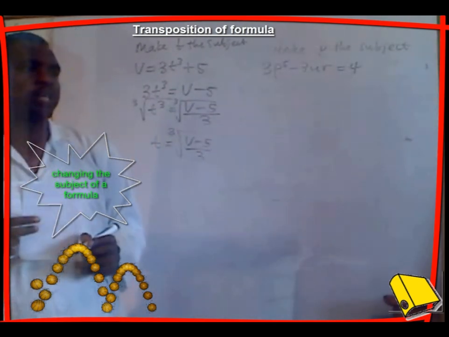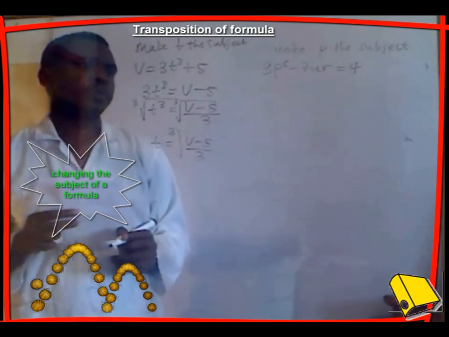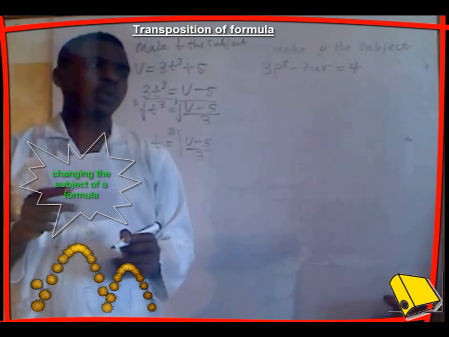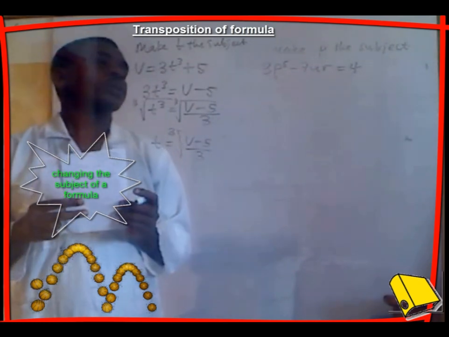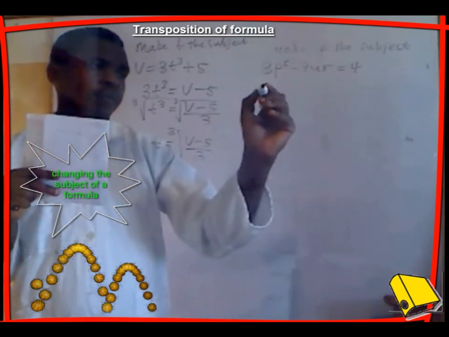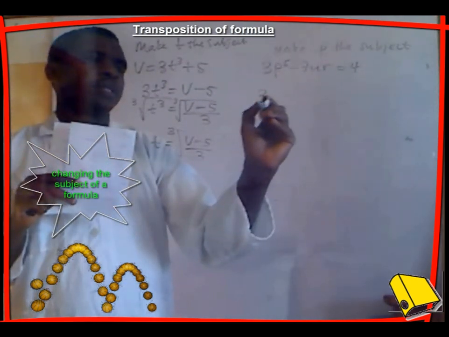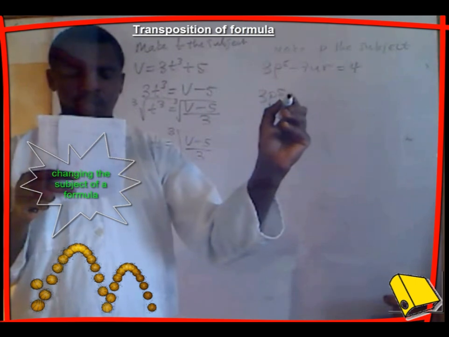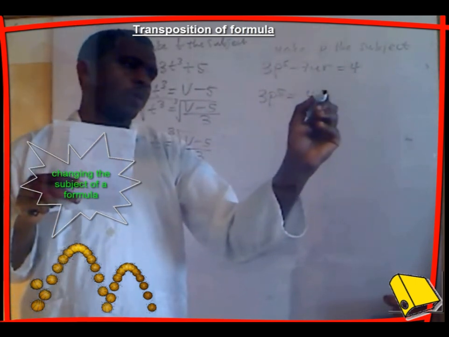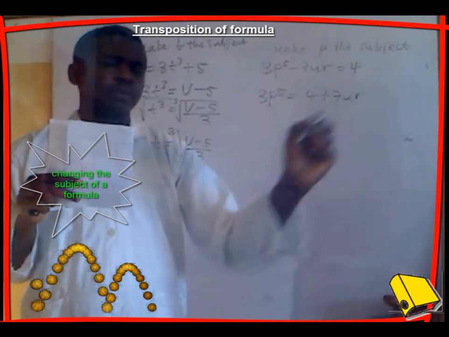Make p the subject in the formula 3p raised to the power 5 minus 7r is equals to 4. So I have to leave terms that contain p to my left. Here I shall have 3p to the 5th is equals to 4 plus 7r.